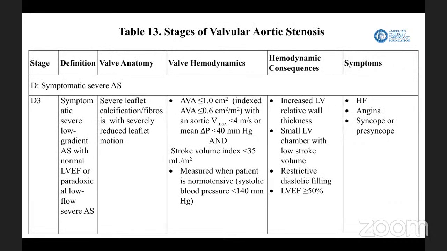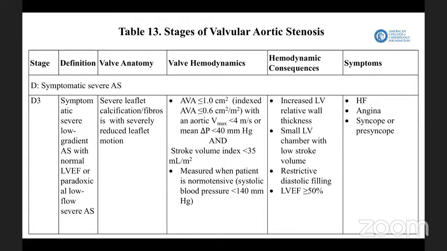For stage D3, when we have a symptomatic patient with severe low gradient aortic stenosis with normal left ventricular ejection fraction, or what we call a paradoxical low flow severe aortic stenosis.